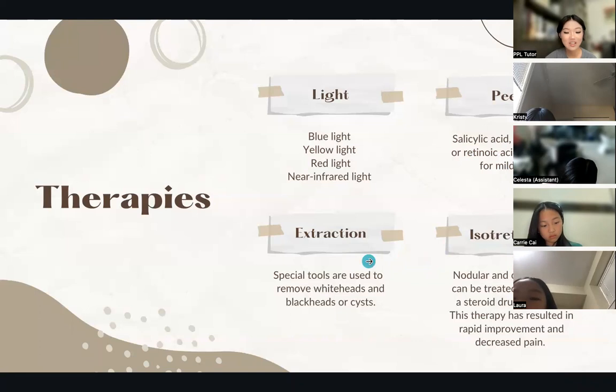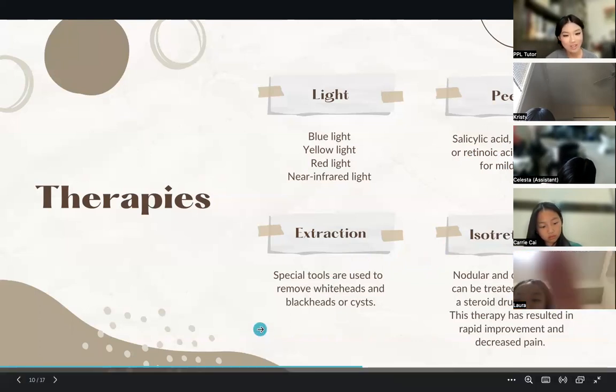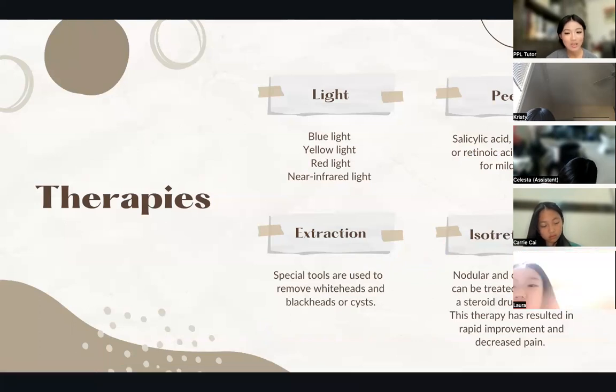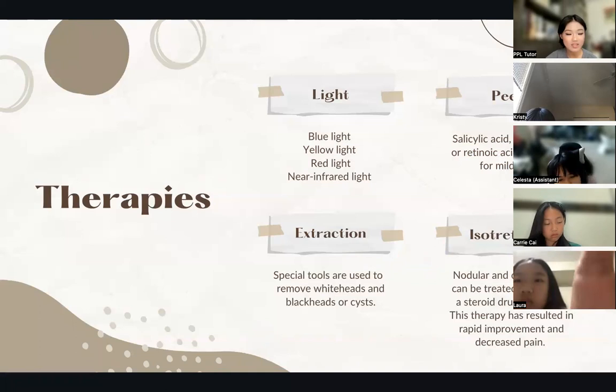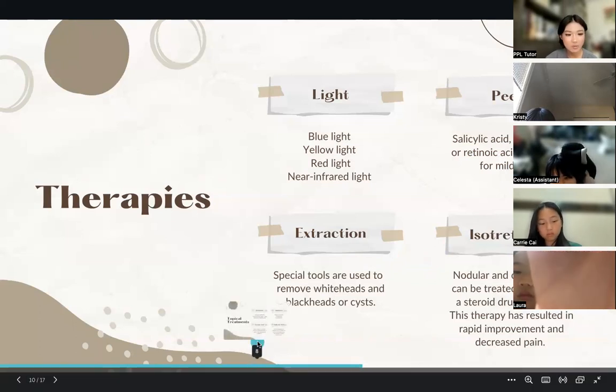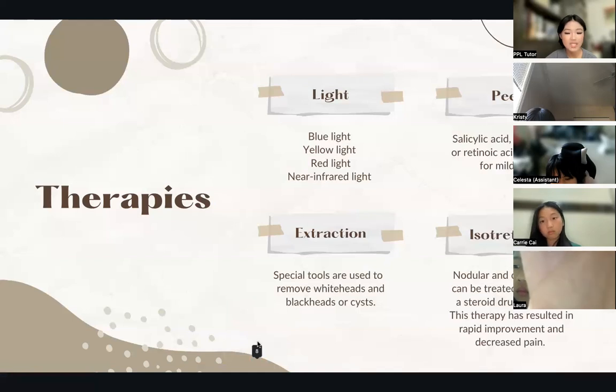And then extraction. I know this one is kind of counterintuitive because I just talked about how picking at your acne could exacerbate or even cause acne. But when done professionally with professional tools, these tools are completely sanitized and completed without touching your skin. They're done with metal tools, stainless steel tools that are sanitized, that are completely free from bacteria.